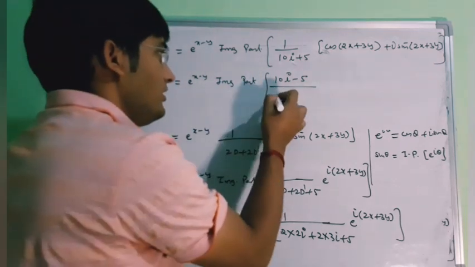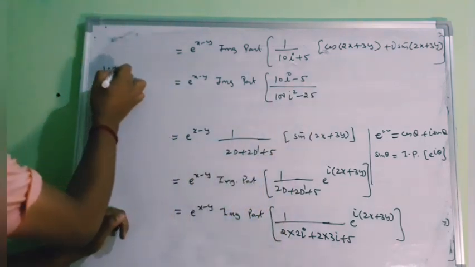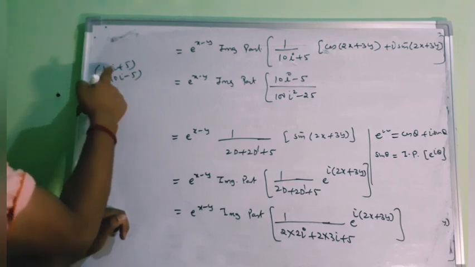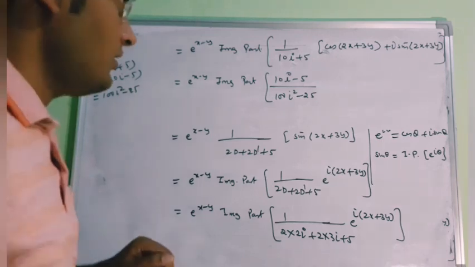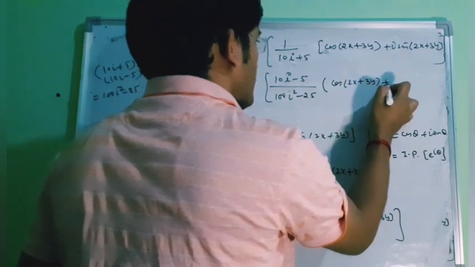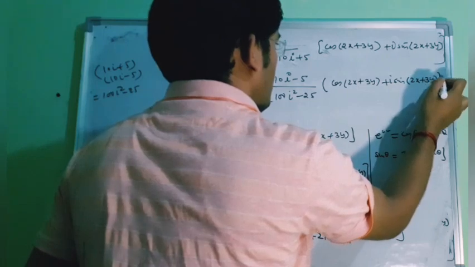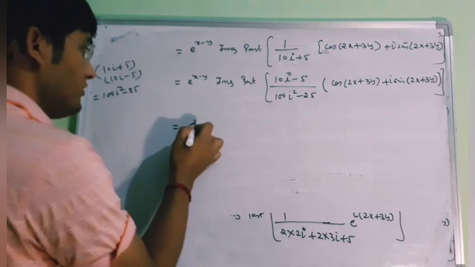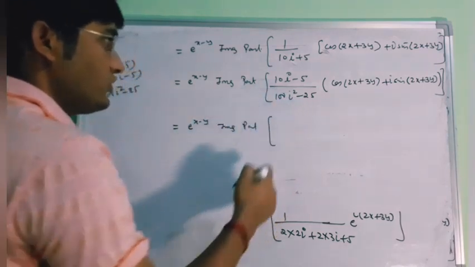So this will be your 100i squared minus 25, because we will have (10i plus 5)(10i minus 5), which is (a plus b)(a minus b), that means a squared minus b squared. And in the bracket we have cos(2x plus 3y) plus i sin(2x plus 3y). And this is equal to e to power x minus y, imaginary part of, now this will be your minus 125.